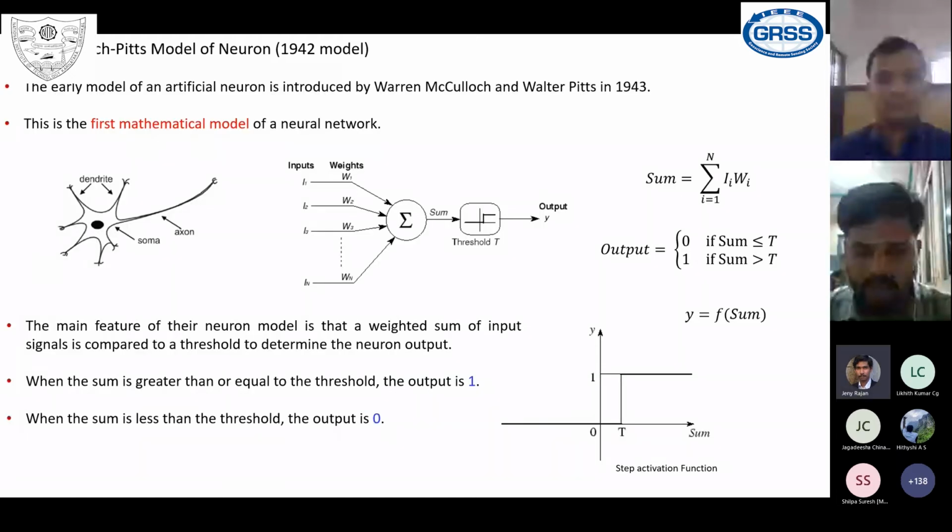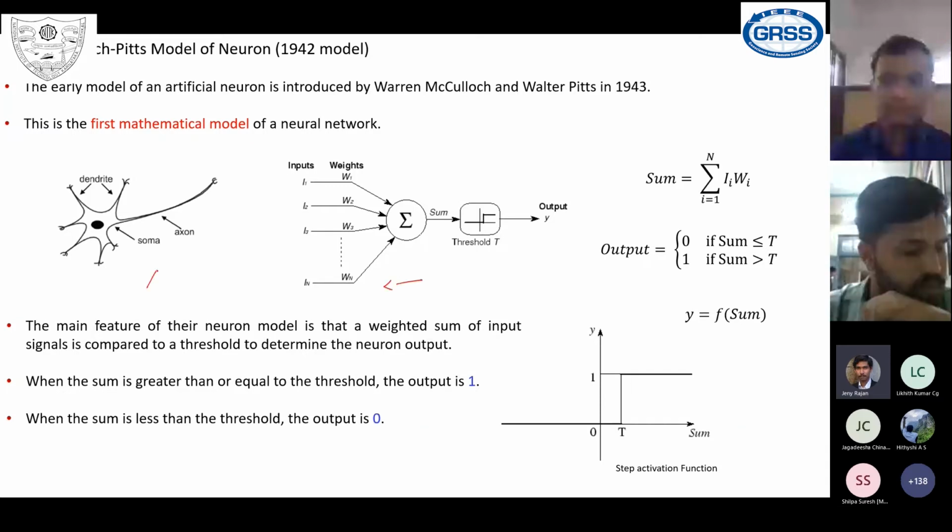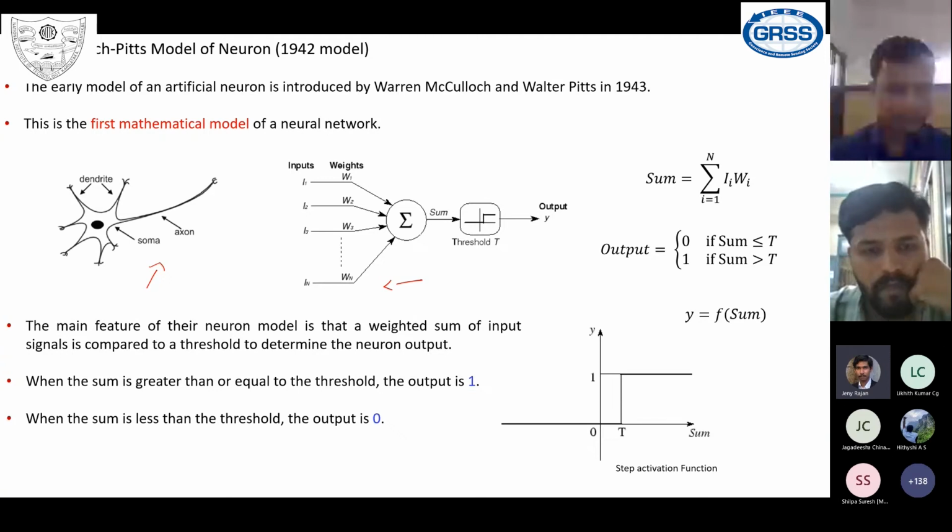In this paper, they developed a mathematical model of a biological neuron. You can see this is the model that they developed, and this is how a biological neuron looks. You will see the similarities between a biological neuron and an artificial neuron, and how an artificial neuron works. The biological neuron I already explained.